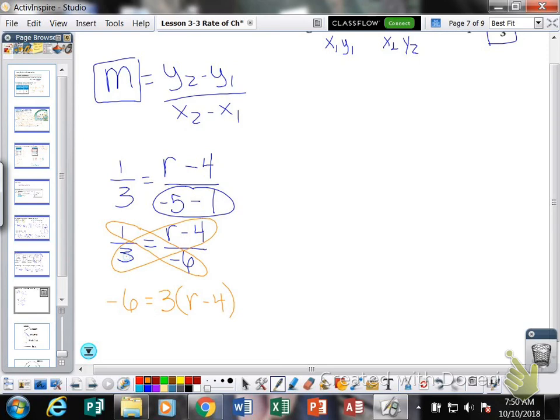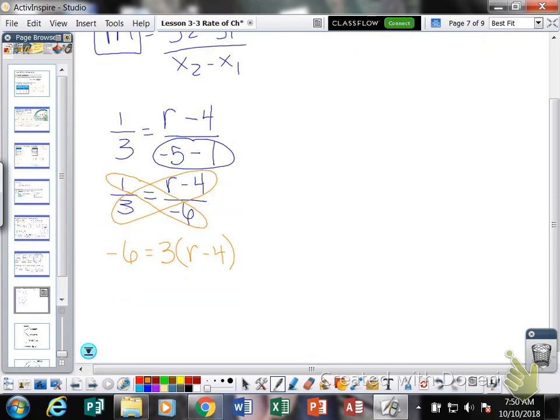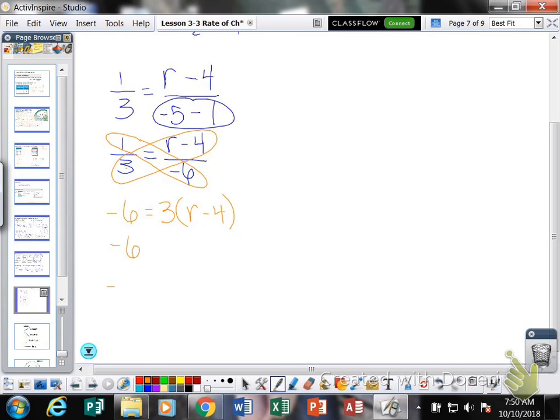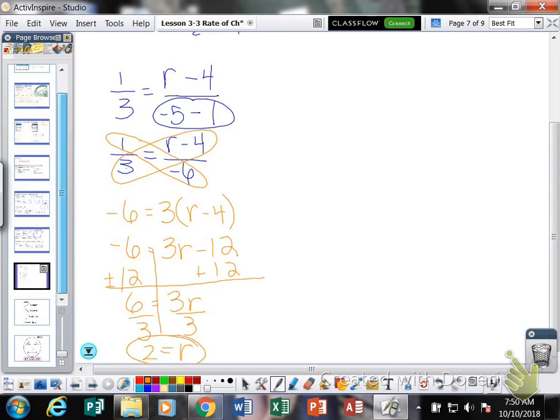Don't forget that this is 3 times r and 3 times negative 4. So then I have negative 6 equals 3r minus 12. Add 12. Add 12. I get 6 equals 3r. I divide by 3 and I get r equals 2. So there is my answer to the question, r equals 2.